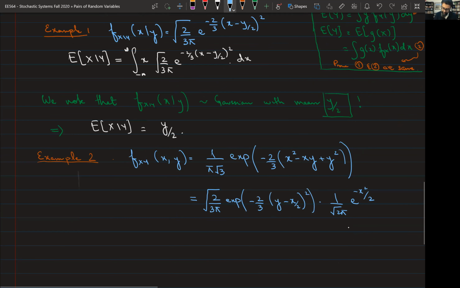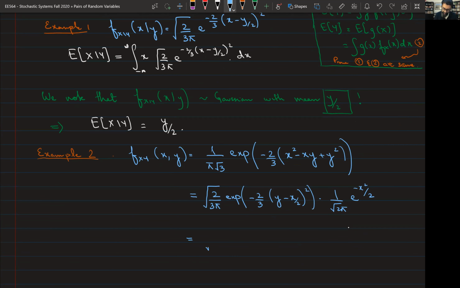And there's another thing you can do here as well, which is 2 by root 3 pi e raised to power, and because of the symmetry, this is (x minus y by 2) whole squared, times 1 upon root 2 pi e raised to power minus y squared by 2, right?